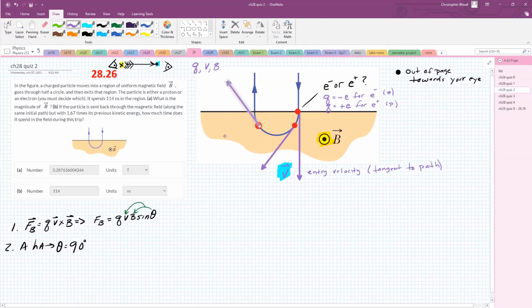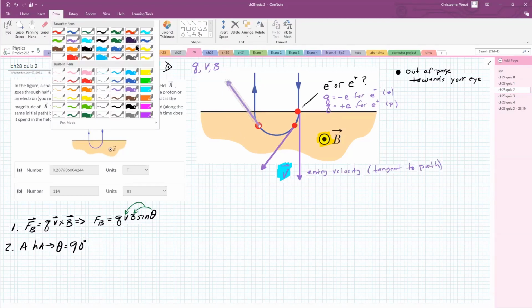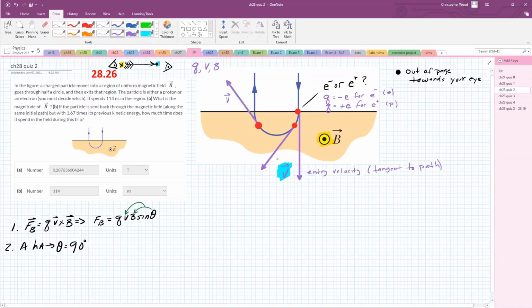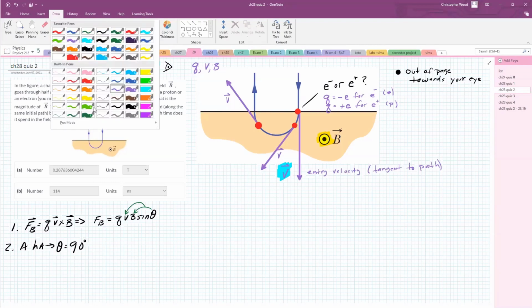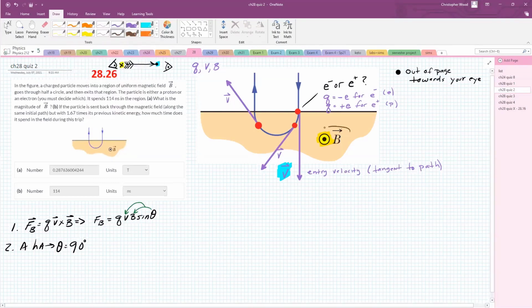No matter where this particle is, the angle between the velocity vector and the magnetic field vector is always 90. So make sure you're satisfied with that, because the magnetic field is always coming out of the screen as shown here, and it's always going to be perpendicular to the velocity vector, no matter where I draw the velocity vector.